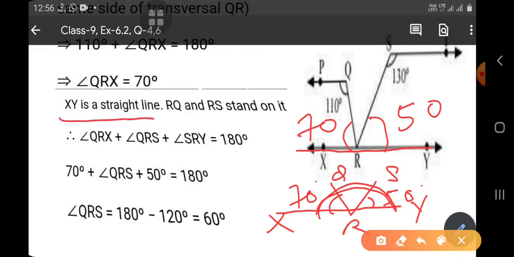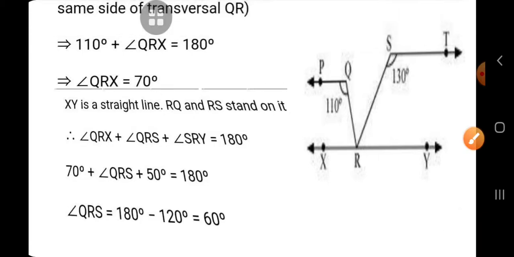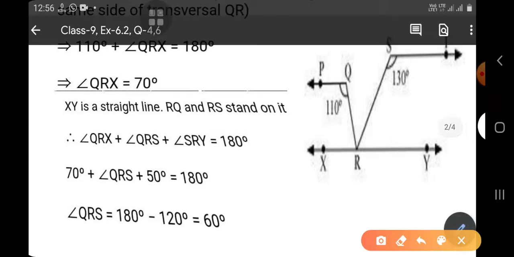Since XY is a straight line, RQ and RS stand on it. RQ means this line in this picture, and RS this line.